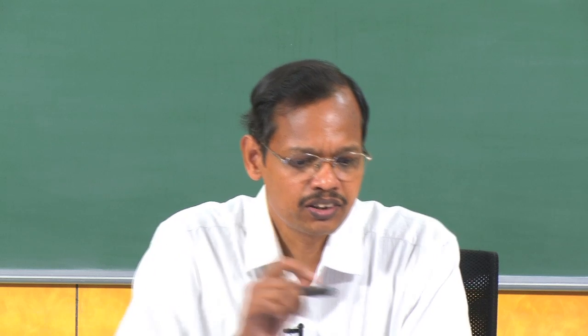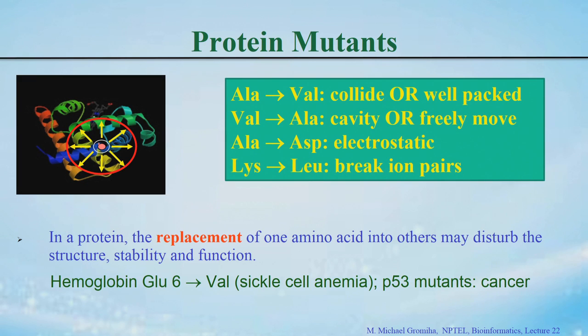If you mutate alanine to valine, either this will make a collision, steric hindrance, or it can be well packed, depending upon where the alanine is located and how much space is available nearby this residue.